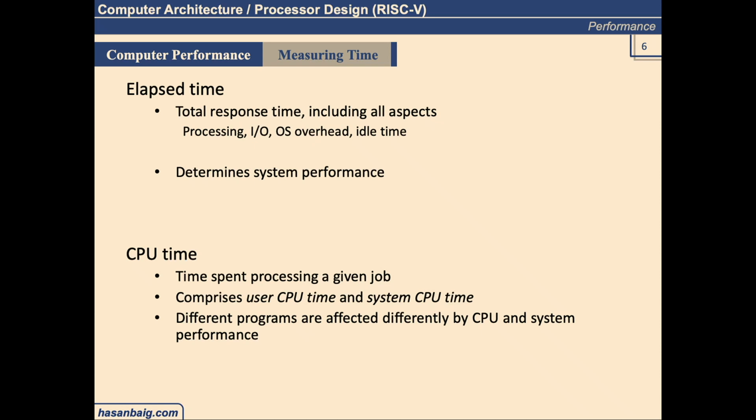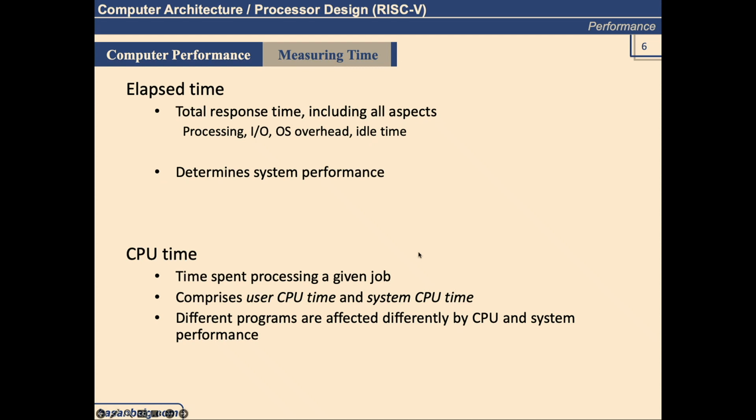So it's composed of everything related to the operating system performing tasks on behalf of the main program. Okay, so we will focus on CPU time, and we will not be splitting these two categories differently. We will just be treating the entire thing as a CPU time.